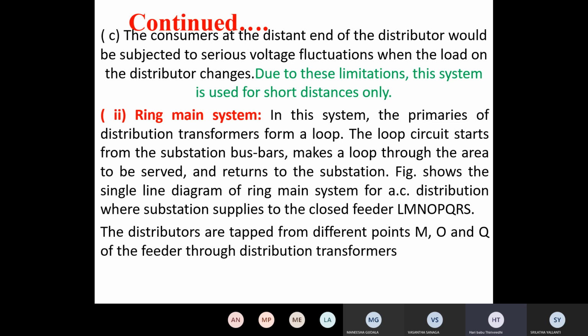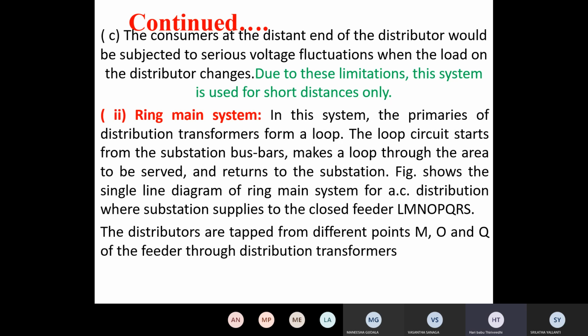That means it provides a loop. So if any problem occurs at one stage, there is no problem for other consumers. Only that consumer may face the problems.